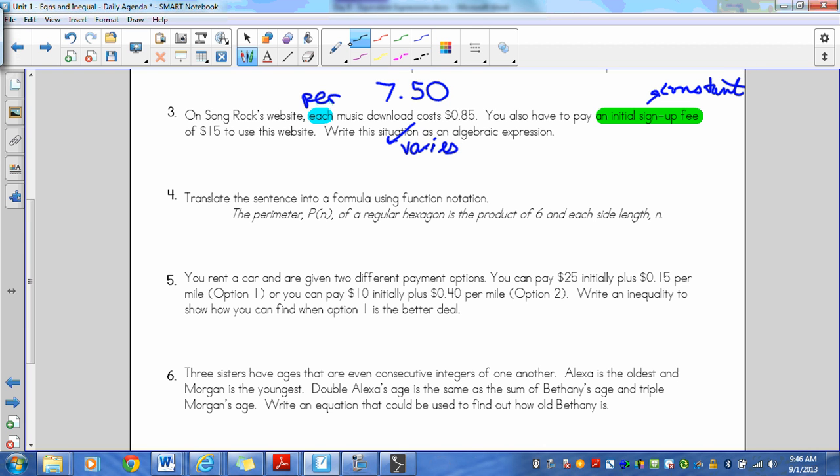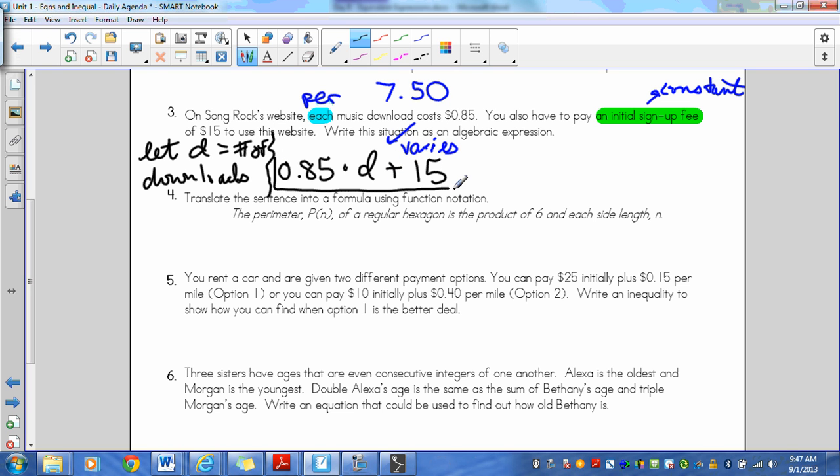So here's how we're going to think about it. 85 cents per download or times each download. I'm going to use D for download. Let D equal the number of downloads. Okay. 85 cents times D, and then of course plus that initial sign-up fee.